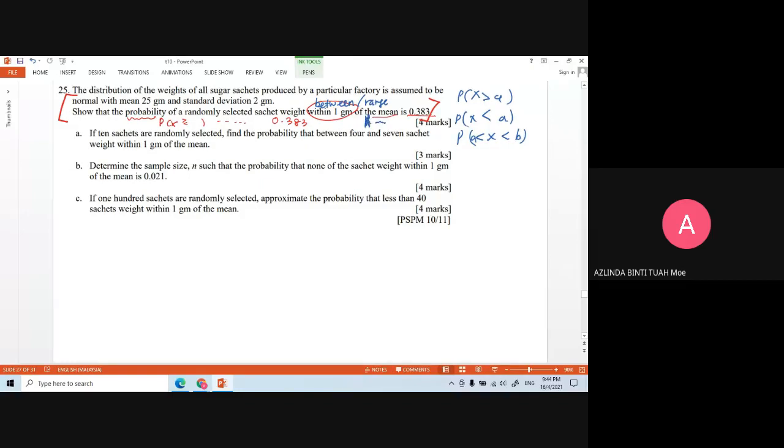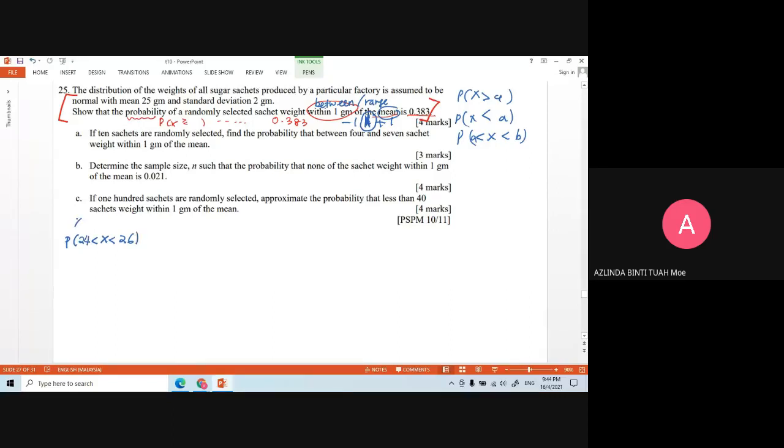Kamu kena tambah 1 dan tolak 1 daripada yang di tengah-tengah tu. Dia punya mean tu berada di tengah-tengah, bermaksud simbol dia plus minus 1 from the mean. Mean dia bagi 25. So plus 1 jadi 26, minus 1 dia jadi 24.